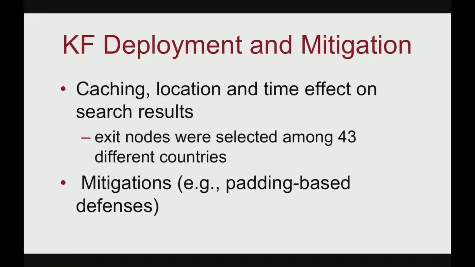Also, for the location effect, we closely looked at the Tor log, and we found that during the capture, exit nodes were selected among 43 different countries. So we thought that the location effect is already reflected in our data set.